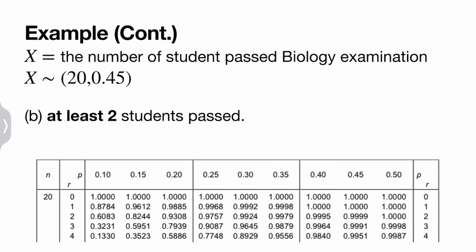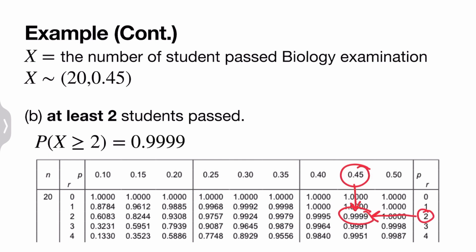At least 2 students passed. At least. Change it into inequalities. Paling sikit 2. Minimum is 2. So, probability of x greater than or equals to 2. Can we find directly using the table? Yes. N20, P0.45. x greater than or equals to 2 is 0.9999.